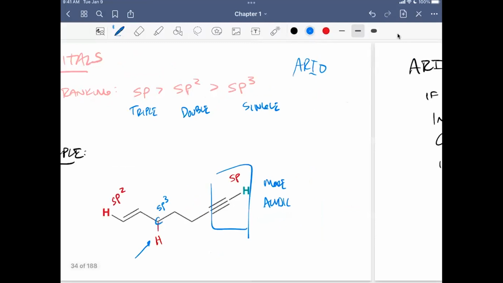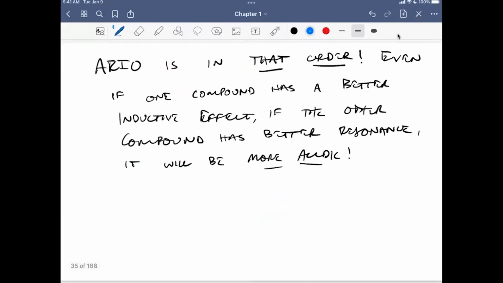And let's see what the next slide is. So ARIO, an important thing to note is that ARIO is in that order. So what I wrote here is that even if one compound has maybe a better inductive effect, if the compound has better resonance, it will be more acidic. So let's say we have these two compounds.